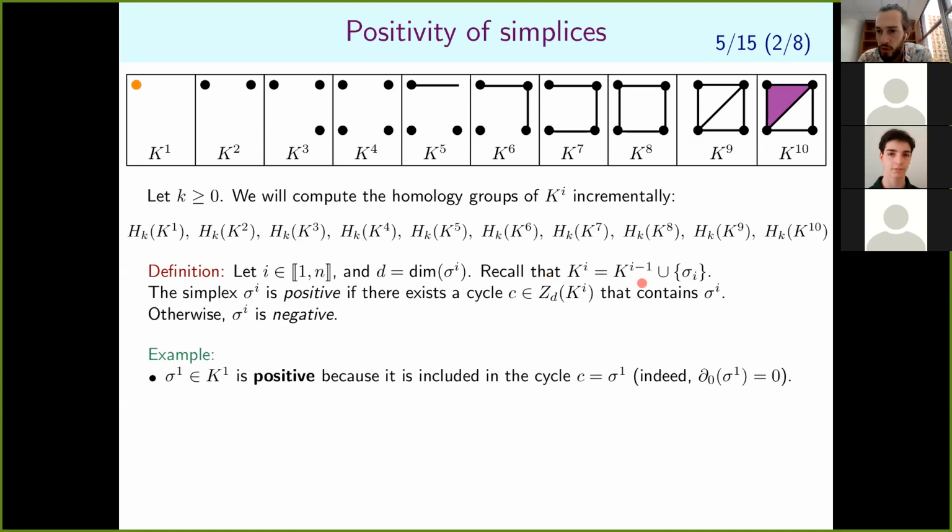So we add one simplex. I say that this simplex is positive if there exists a cycle of the ith simplicial complex that contains my simplex. If it is not positive, we say it is negative.